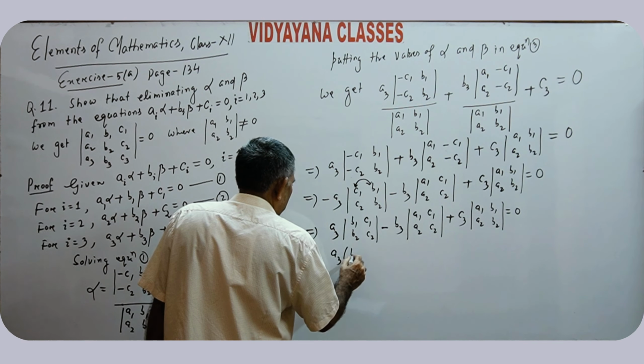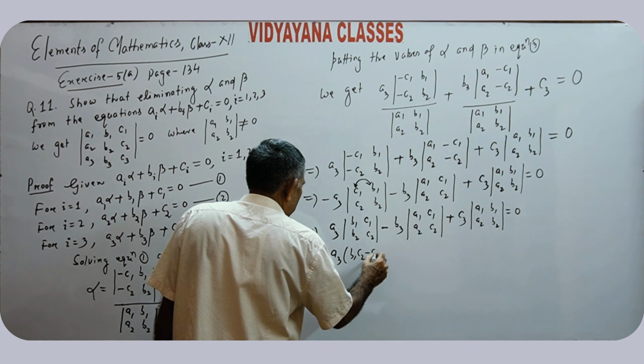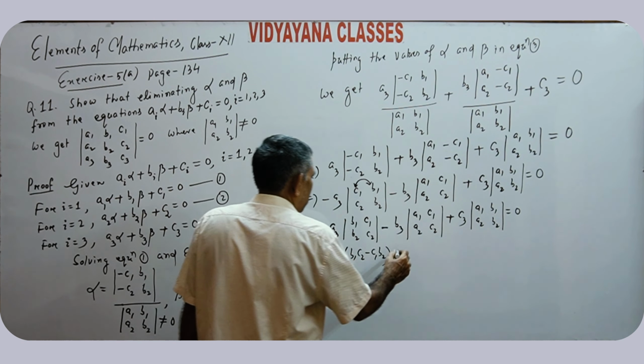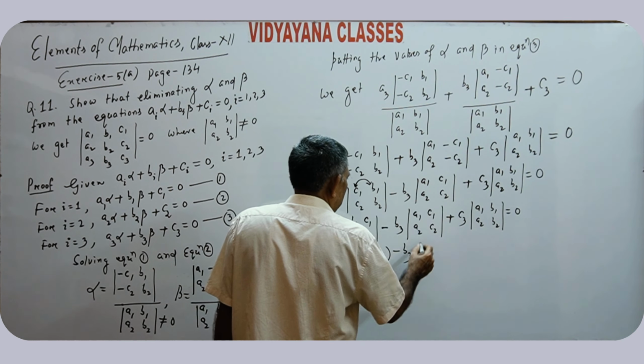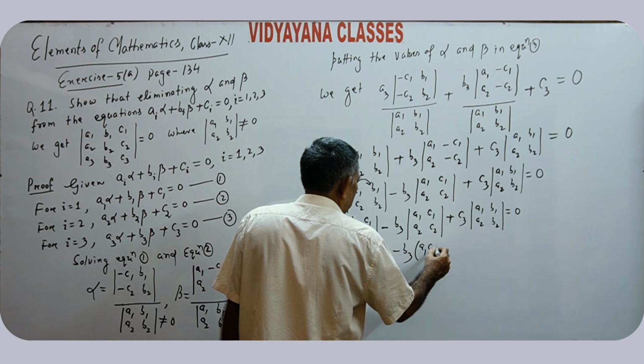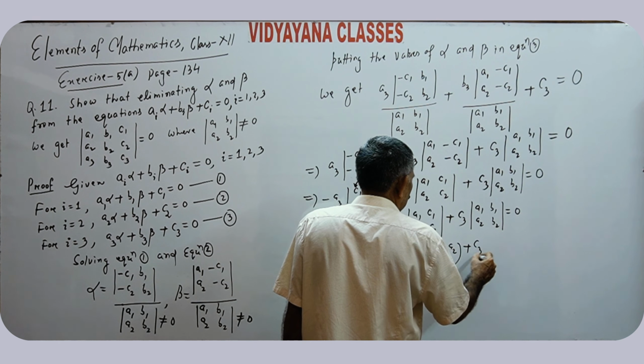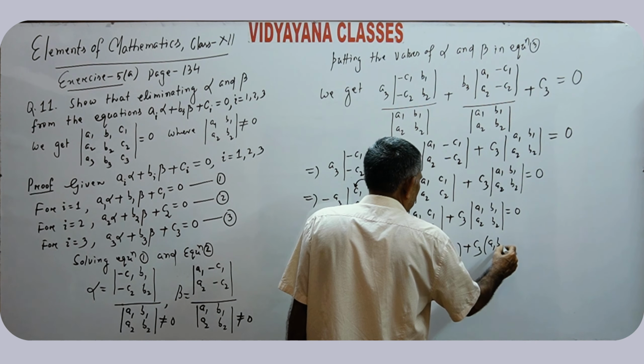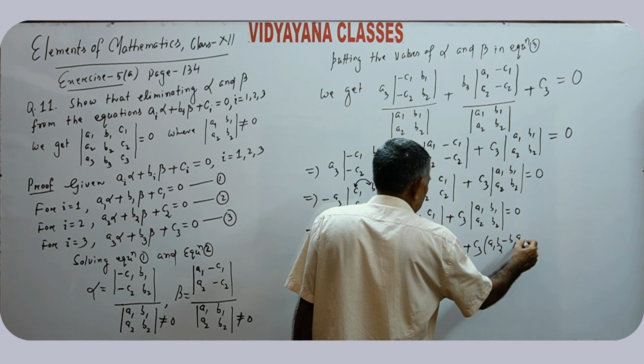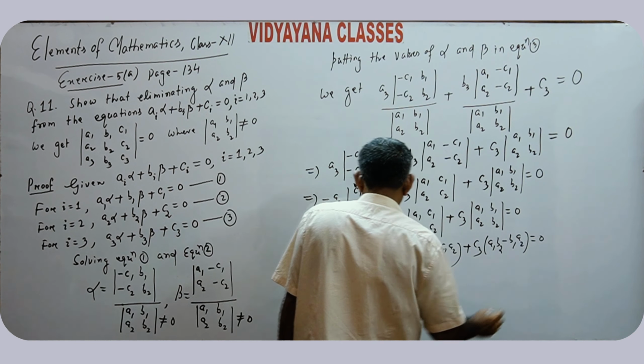A3, B1, C2 minus C1, B2 minus B3, A1, C2 minus C1, A2 plus C3, A1, B2 minus B1, A2 is equal to 0.